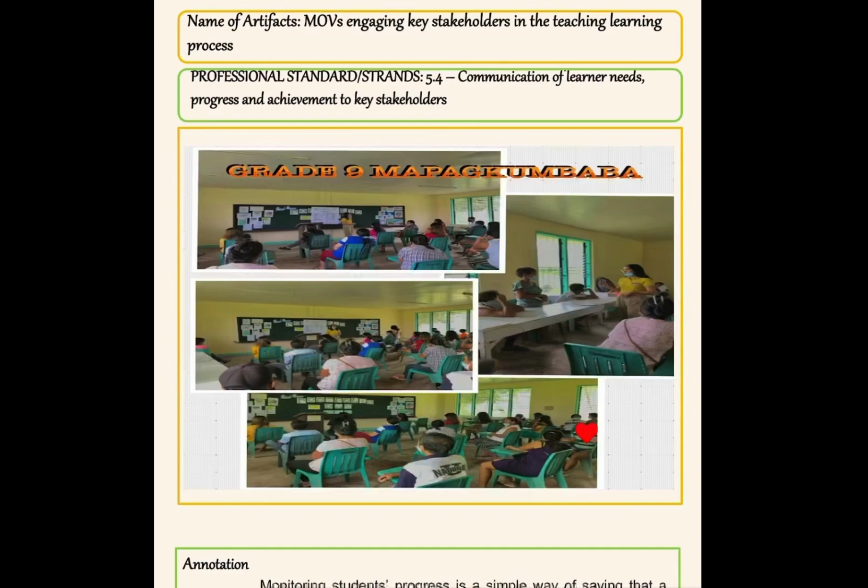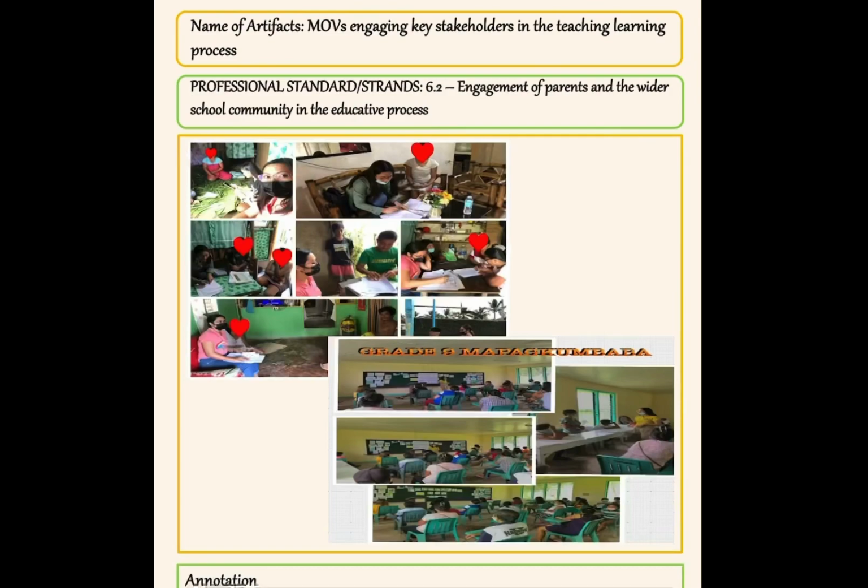So, ano pa ba yung kailangan improve? Ano ba yung mga weakness, mga strengths na kailangang pagkaisahan ng bawat mag-aaral, guro, at stakeholders. Next artifact, again, okay, ganun din yung MOVs, engaging key stakeholders in teaching learning process.